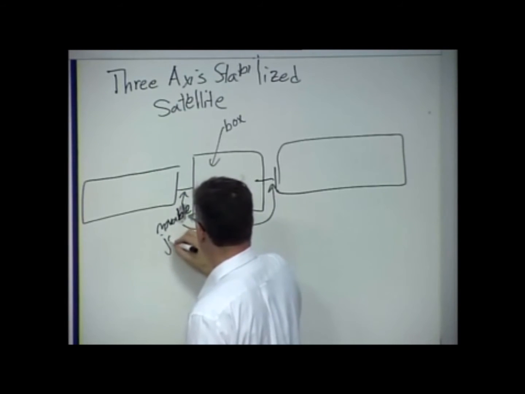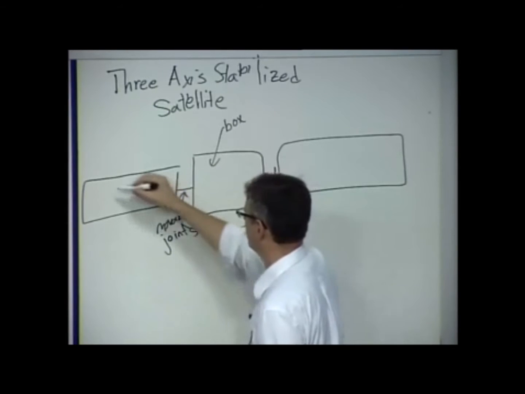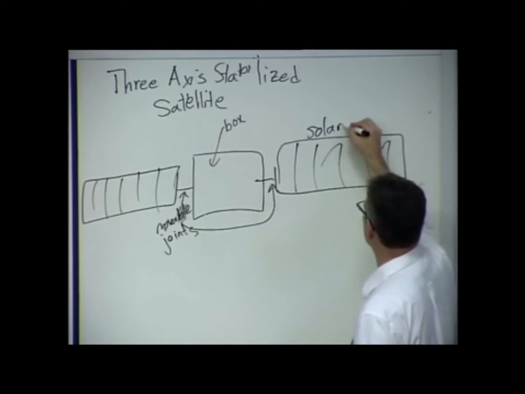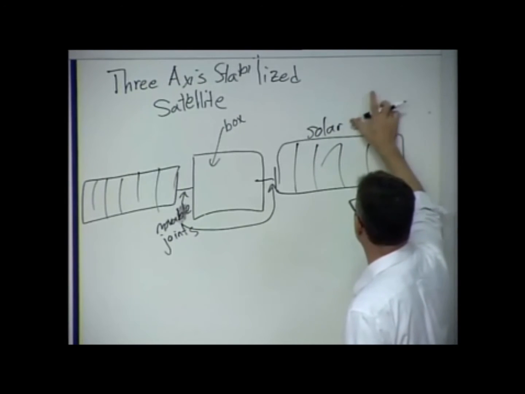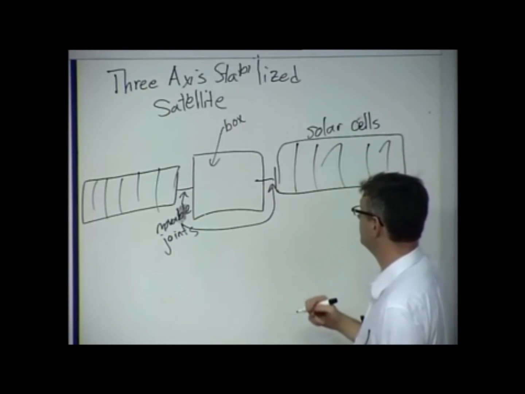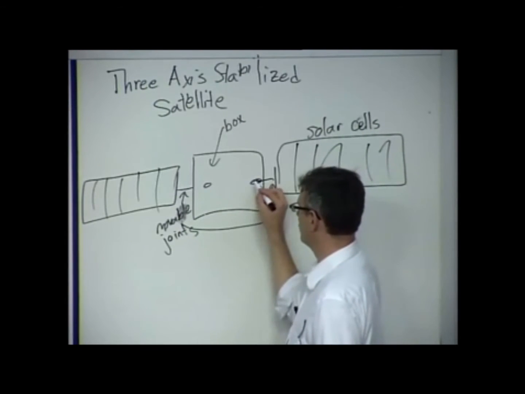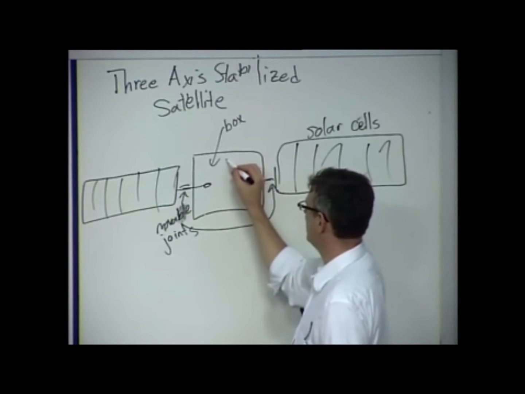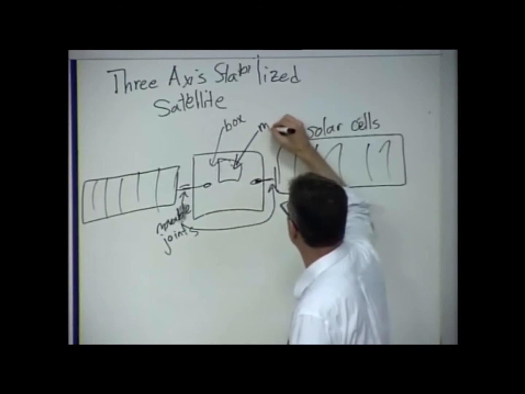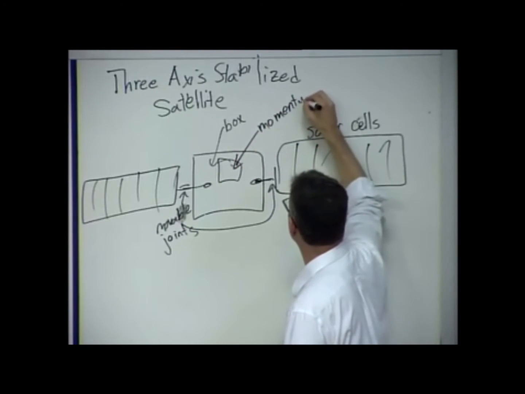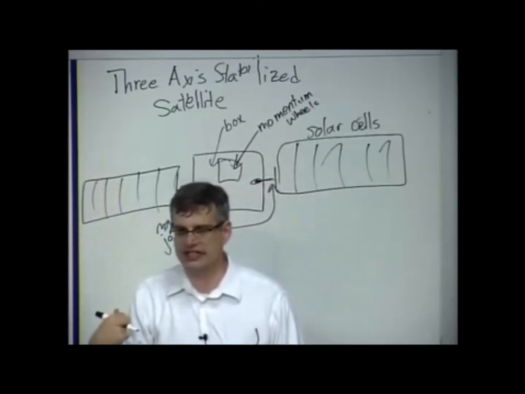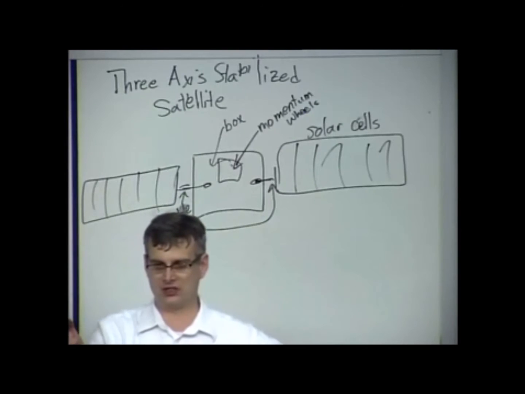These are movable joints so that the solar cells can be oriented towards the sun. And so your control systems go inside the box, as well as a unit that has momentum wheels that either spin up or spin down depending on how you want to orient the spacecraft.